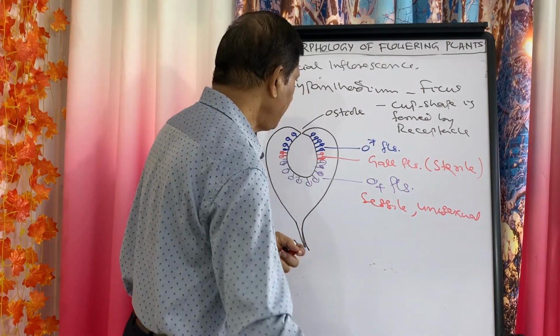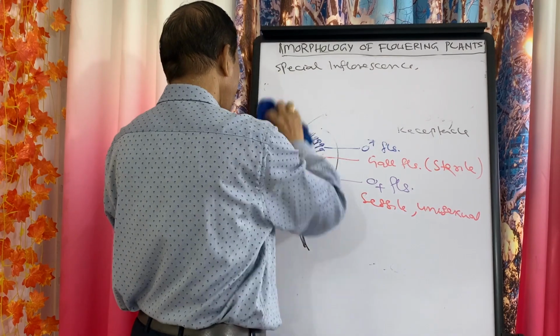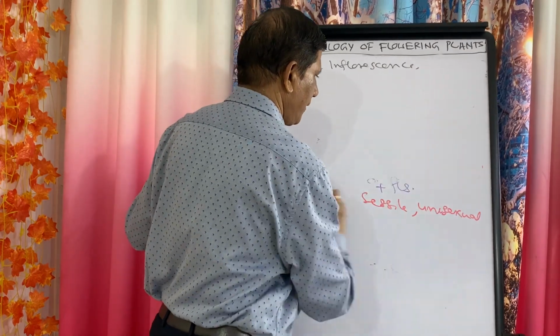Now let us discuss the third and the last type of your special type of inflorescence, that is known as the verticillaster.